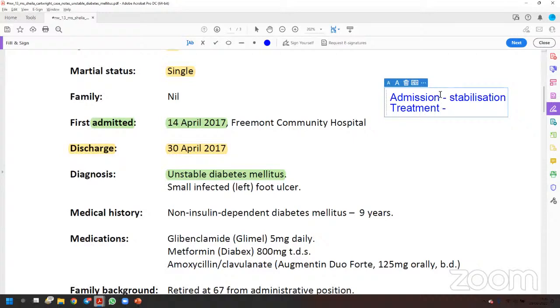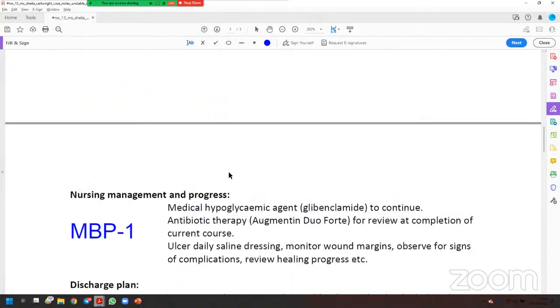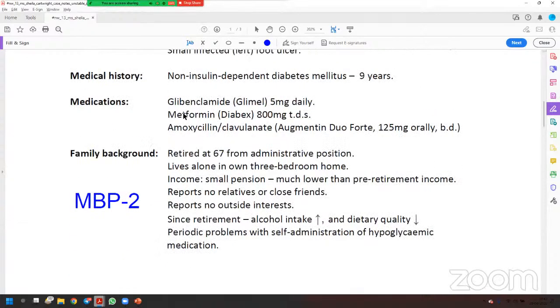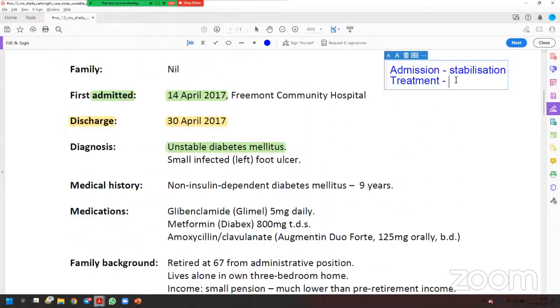Treatment was given: hypoglycemic agents, glibenclamide and metformin.